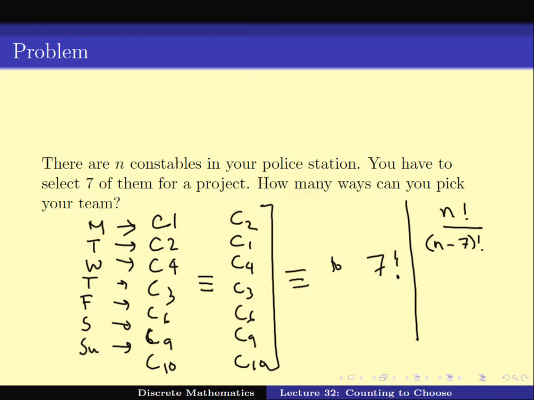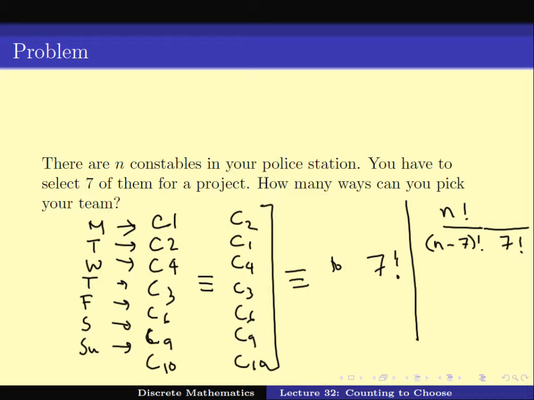But now each of those arrangements is equivalent to 7 factorial other arrangements. So by the equivalence partition rule, to get the number of groups, which is the number of equivalence classes, I have to divide this number by 7 factorial and hence I get this number. Right?